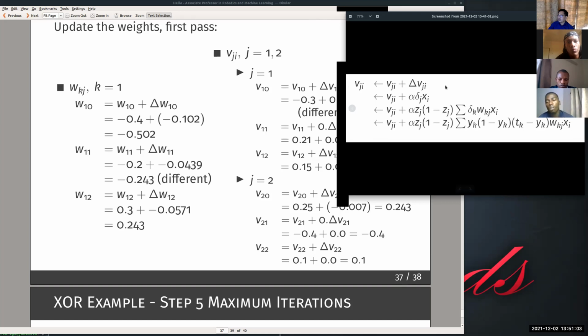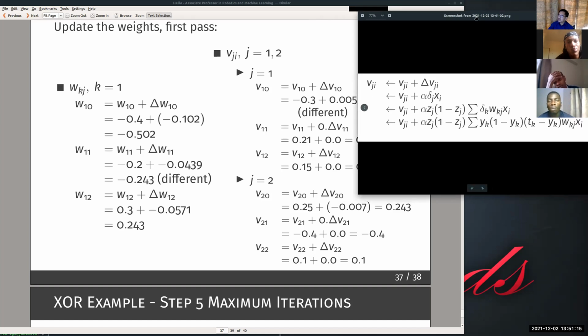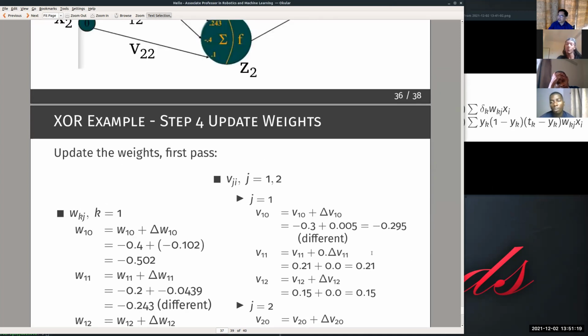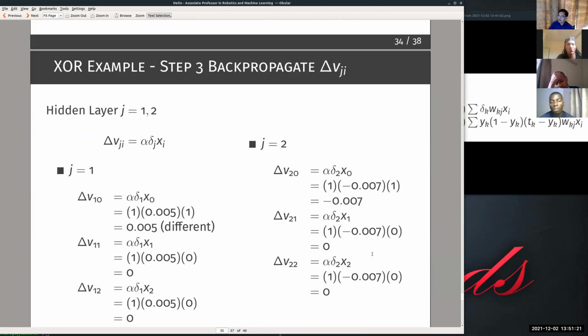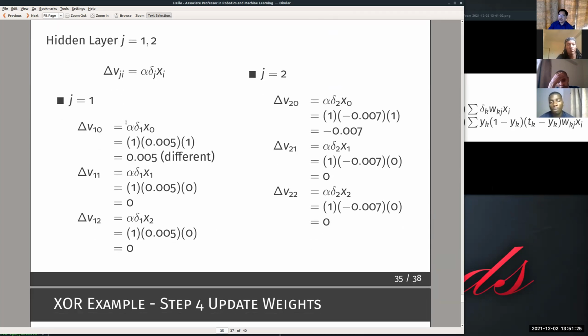Based on your delta V_j. So your delta V_j is this. I should change it in such a way that it will be computed nicely, but the author preferred to compute the delta V's up here. So here are delta V1, delta V2, and delta V3.